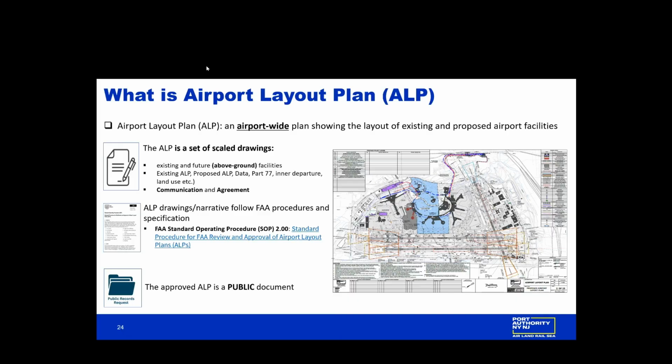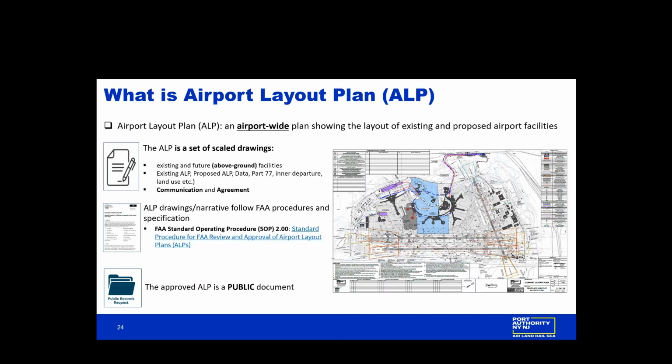For ease of FAA review, we also include a narrative describing the inventory of our facility, our forecast, our future facility requirements, an environmental overview, capital improvements, etc. All of this is required by the FAA and is part of the FAA Standard Operating Procedure, SOP 2.0.